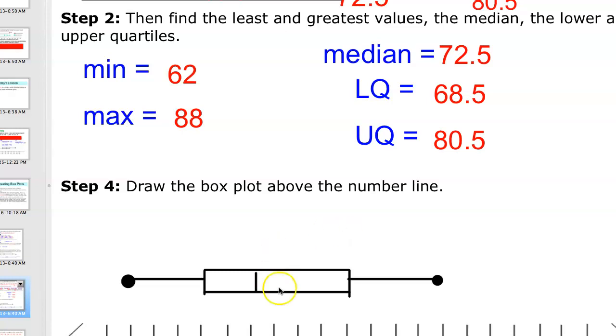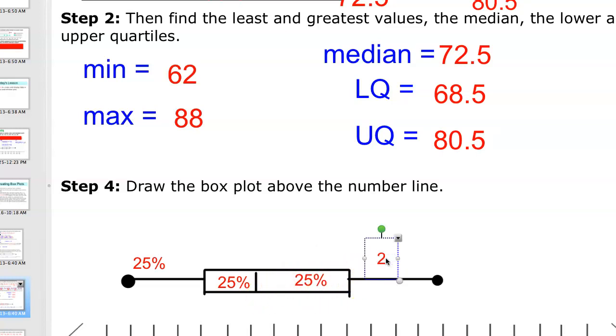Now, remember this side of this box looks a lot bigger. It's still 25% of the data. 25% is from here to here, 25, 25, and 25. So these all represent 25% of the data. That just means that this data between the median and the upper quartile, these numbers, there's the same amount of numbers in this box. They just vary more.